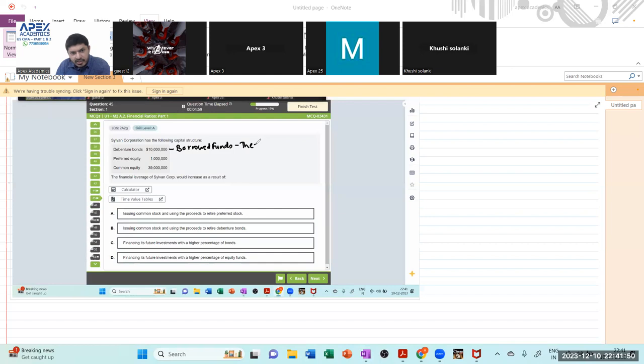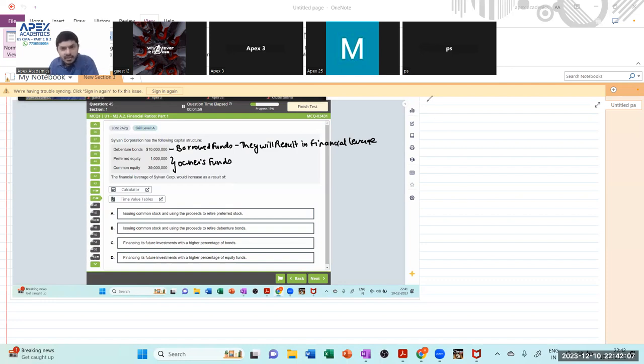So can I say that these are borrowed funds and they will result in financial leverage? Can I say that these are owned funds, or owners' funds? Correct?